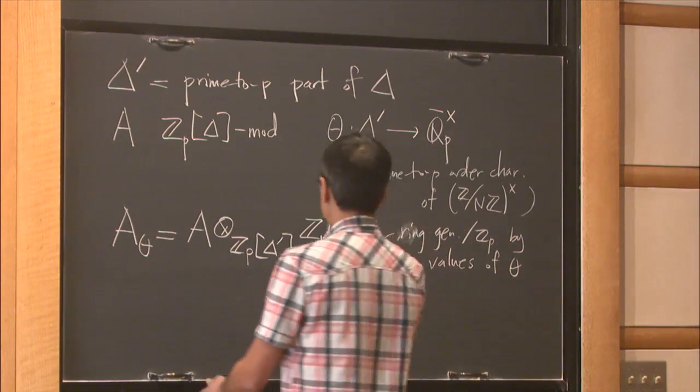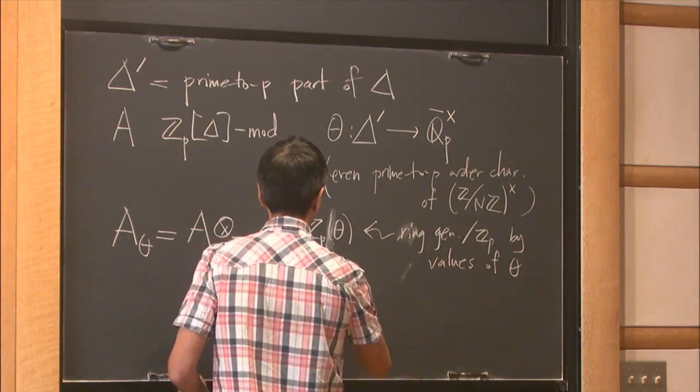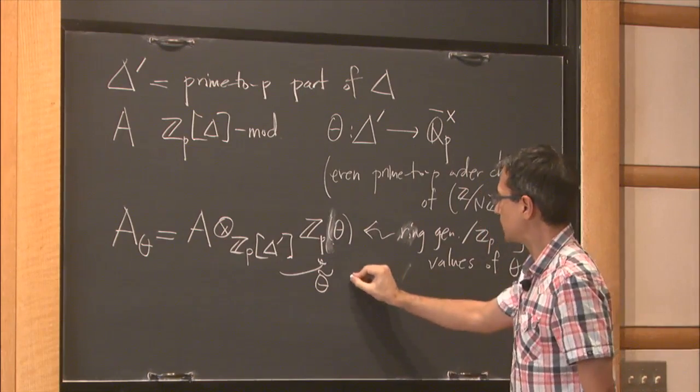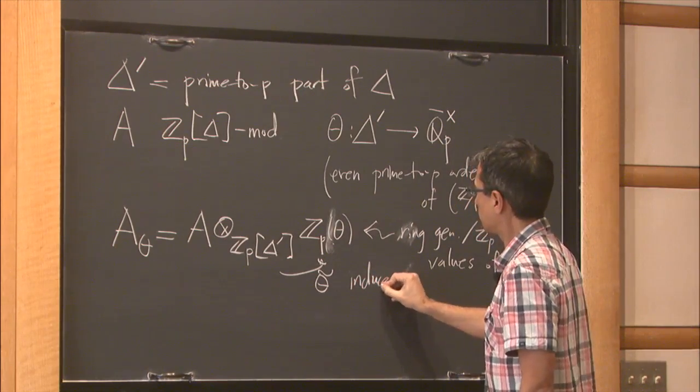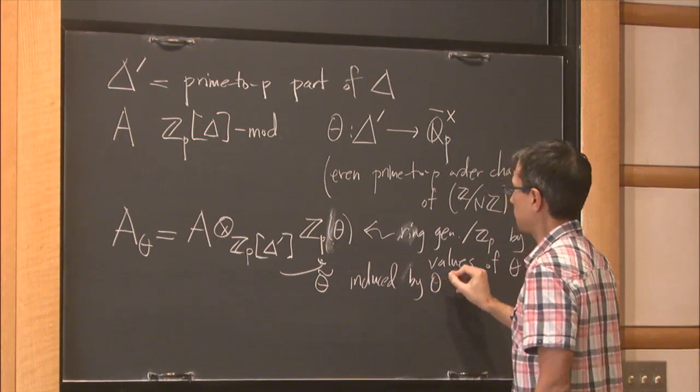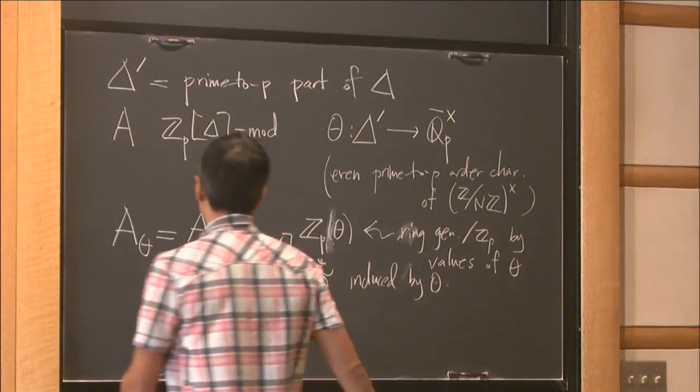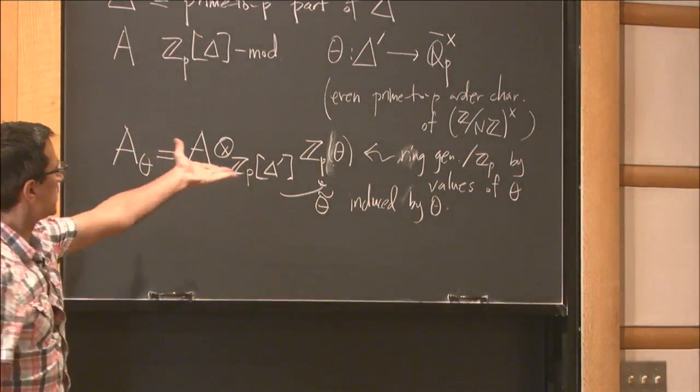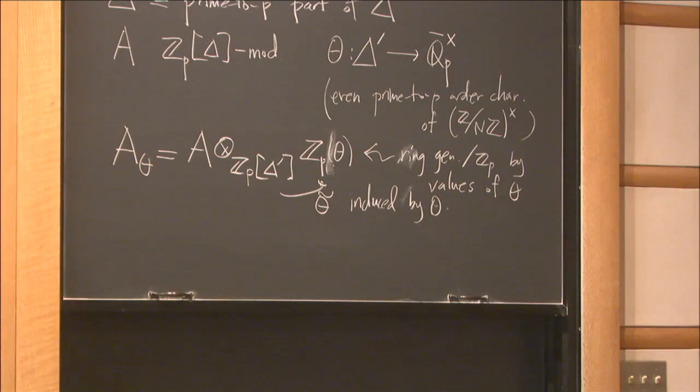And this map, which I'll call theta tilde, is induced by theta, right? OK, so that's, as written, a quotient. I might slip into calling it an eigenspace. It's a quotient of A.